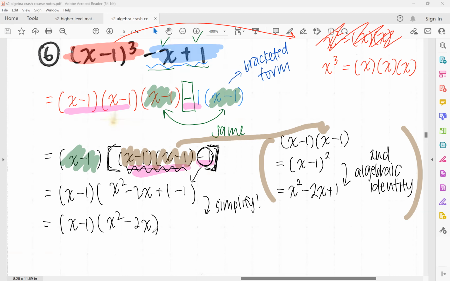There's still an x squared. There's still an x squared? No. Why can't we stop here? What's the reason?